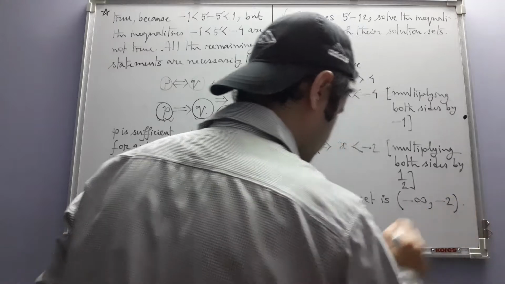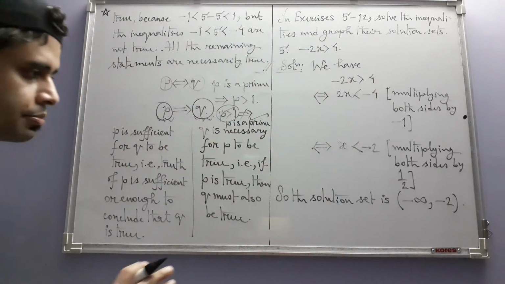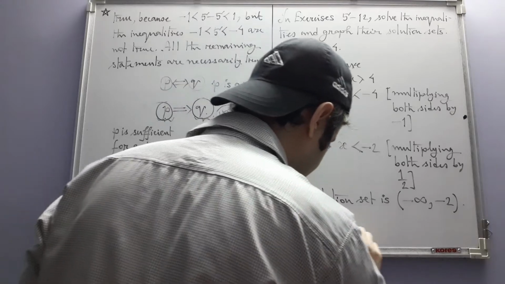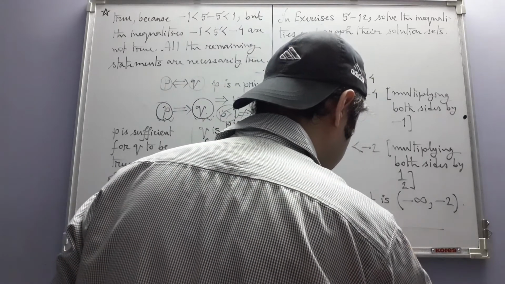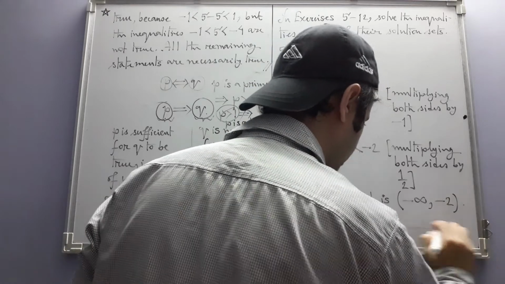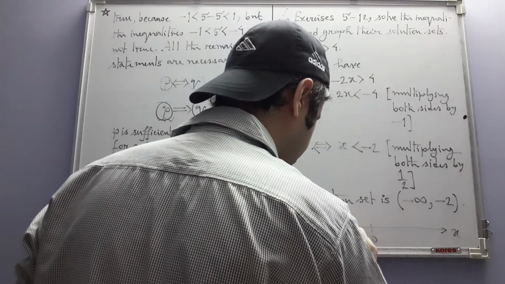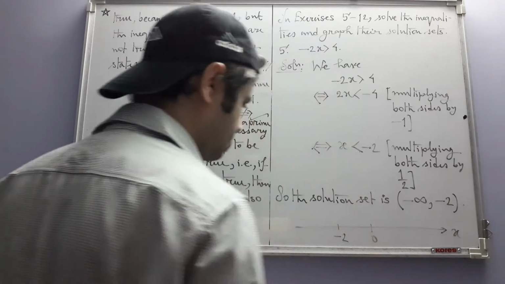And we have been asked to draw the graph. The graph will look like this. Here say you have 0, this is the positive direction of the number line, and here you have say minus 2.